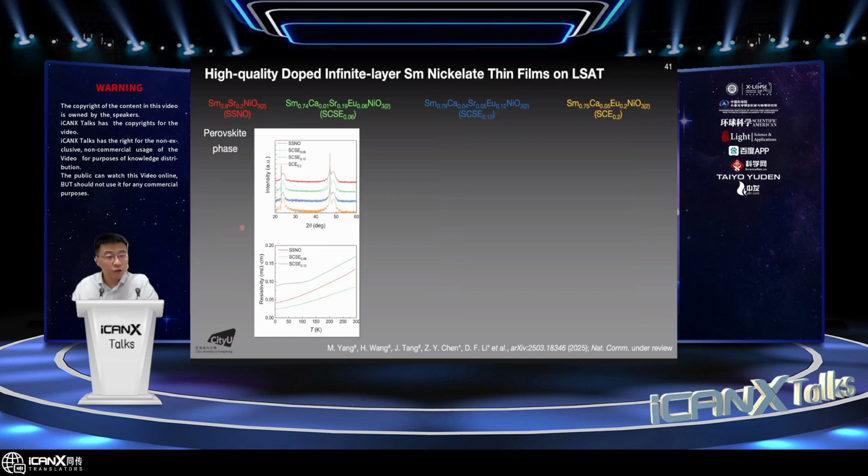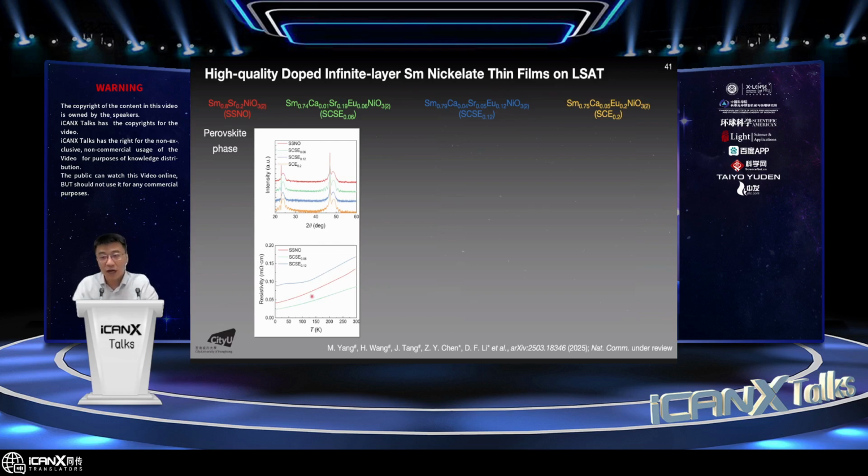From the XRD and resistivity measurements, we could easily identify a very high quality phase marked by high crystallinity shown in the XRD, as well as fully metallic behavior down to the lowest temperature in our samples.